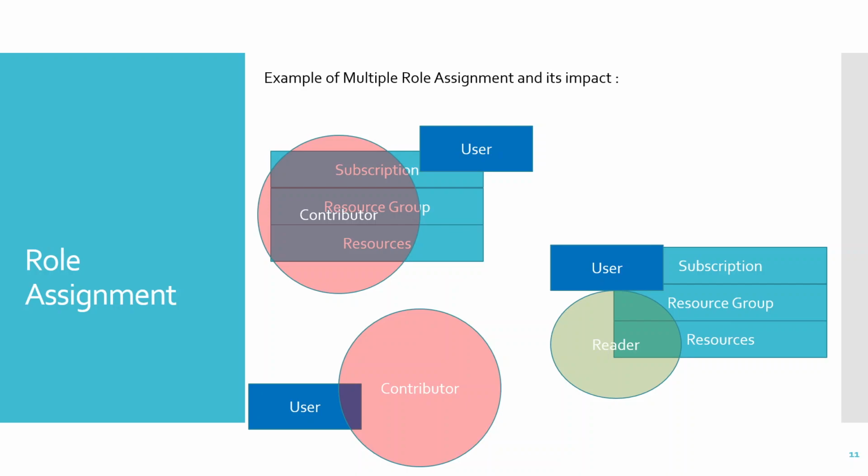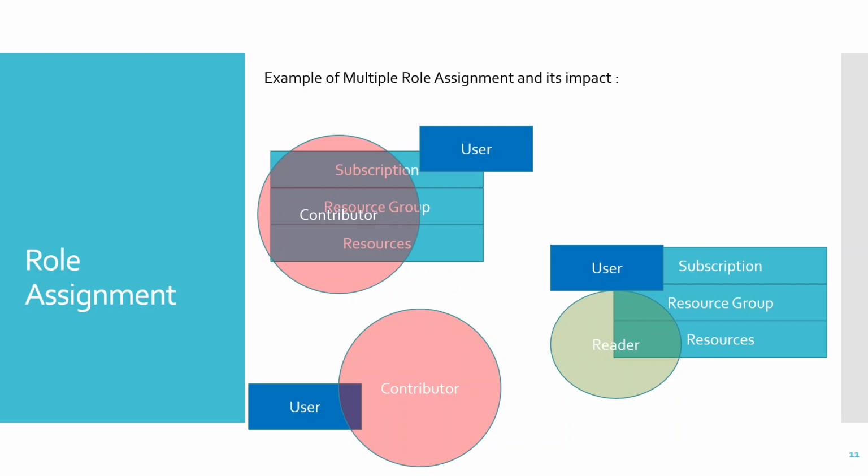Now, in the same role assignment, another example is what will happen when you have multiple role assignments. So let's start with the first case, where you have three layers or three scopes: subscription, resource group, resources. Now, a user gets contributor access at the subscription level. This is the first example. Now, if you tweak that scenario a little bit into a second example, within the same setup, let's say the user gets reader access at the resource group level.